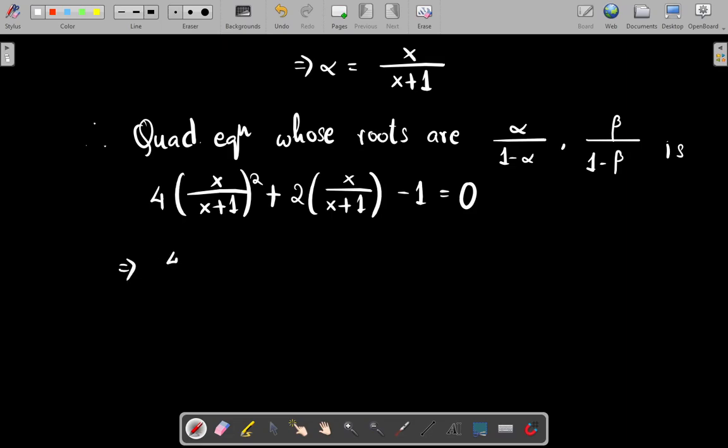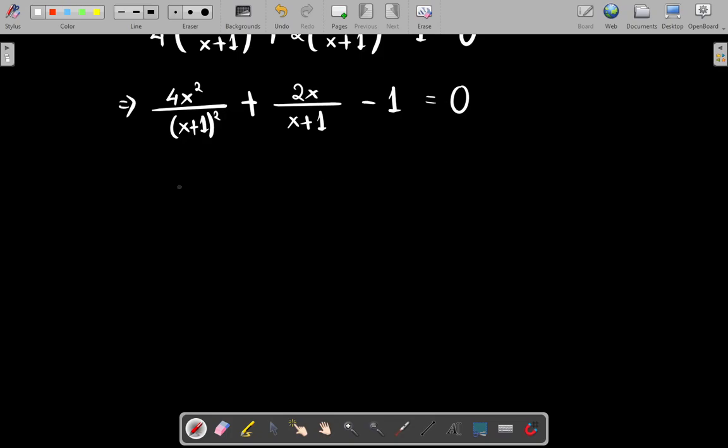On simplifying, this becomes 4x square plus 2x times x plus 1 minus x plus 1 whole square, all upon x plus 1 whole square.